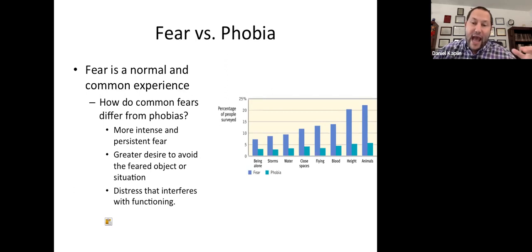And you could see as we go to the right and things become more of a legitimate evolutionary fear, the natural fear rates go up. But in the teal color, the phobias also go up. So we tend to see a pattern that we have greater phobic reactions based on evolutionary wiring. So we call that more of a preparedness for the condition.